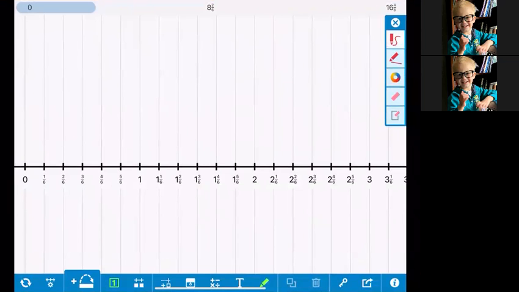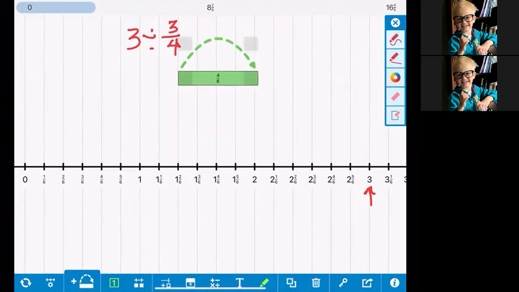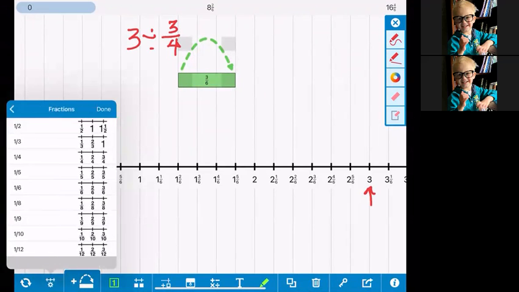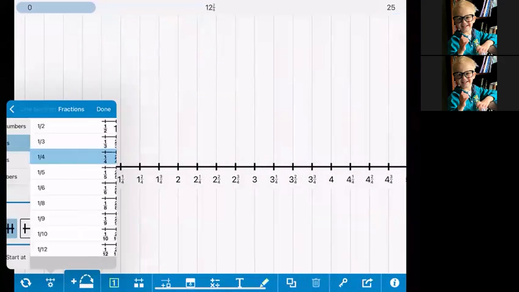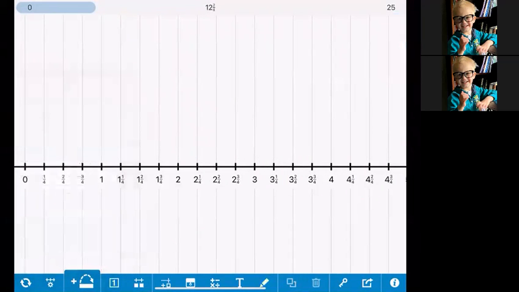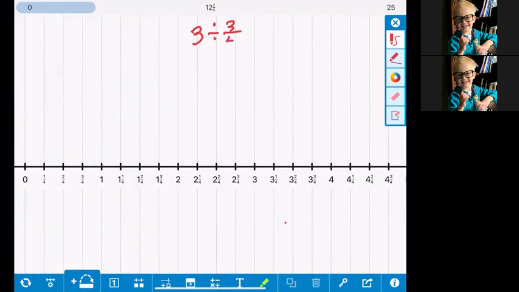And so let's see this on the number line here. We're thinking about, here's my 3, right? 3 divided by 3/4. So we want to think, oh, I'm in 6, sorry. Let me change this, fractions, fourths. Okay, I'm gonna clear all the work, no problem. So we want 3 divided by 3/4, and here's our 3.